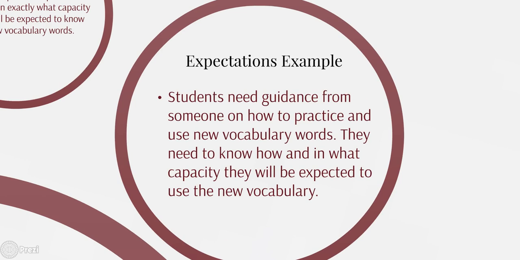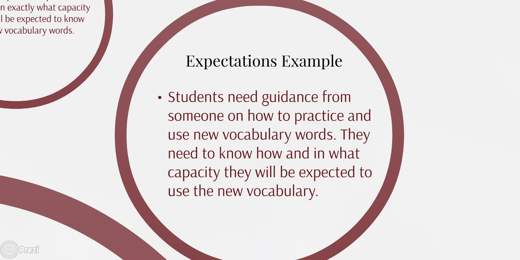So looking at vocabulary words, they need to know, will I be quizzed on this? Will there be homework on this? When will I be expected to know this in the future? And I'm going to talk about that a little bit more with some of the other conditions about future use. But I try to make it clear to my students that I want you to learn these so that you can use them and so that you can know what they mean when you encounter them.